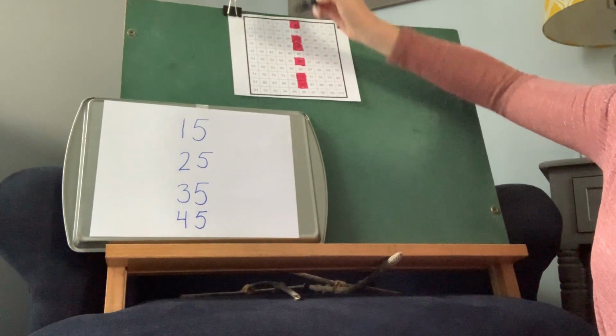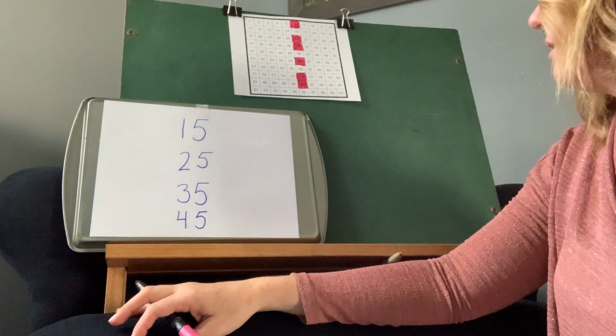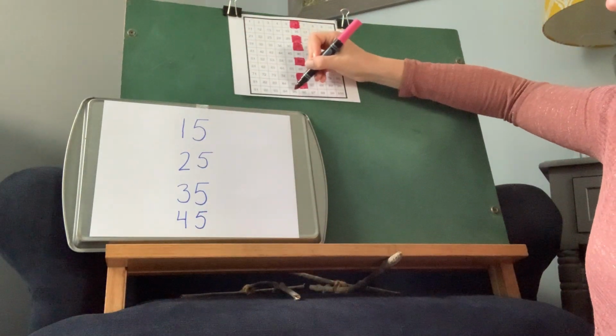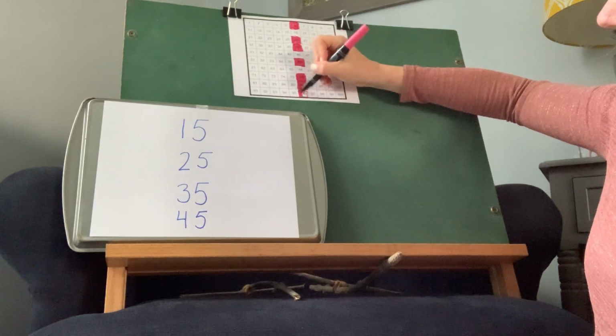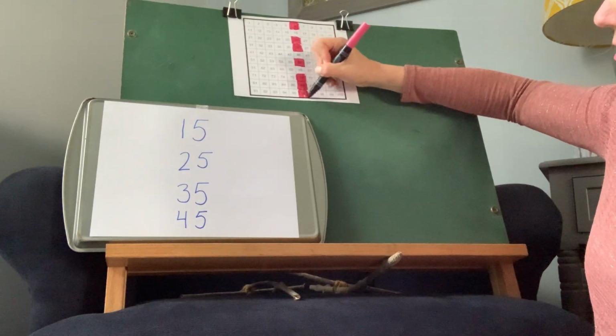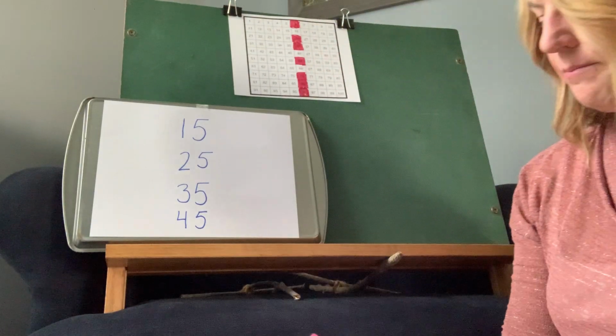Color in the number that is after 95. Here's 95. After is this way. It's always to the next number, if you're noticing that clue right now.